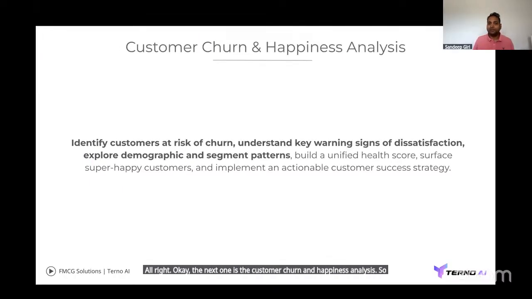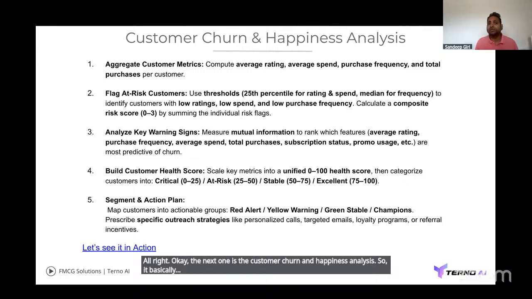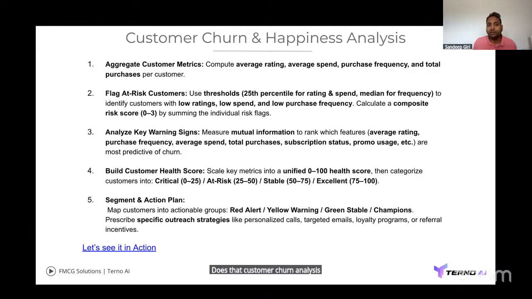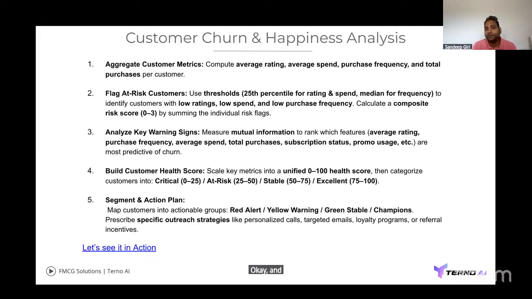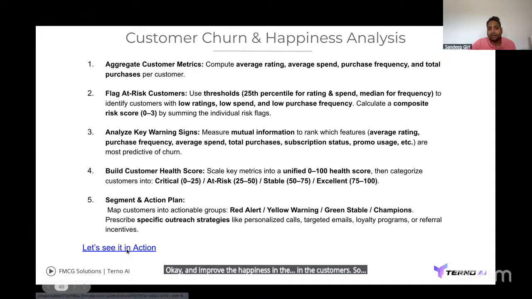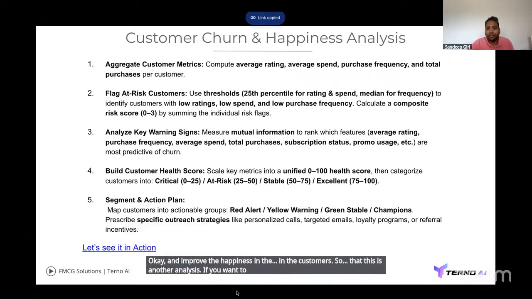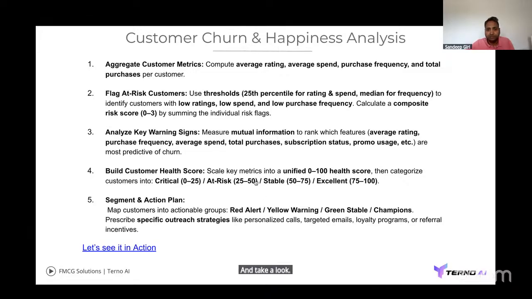So it basically does that customer churn analysis for the company and comes up with ideas on how we reduce the customer churn and improve the happiness of the customers. So this is another analysis. If you want to go into more details, you can go ahead and take a look.